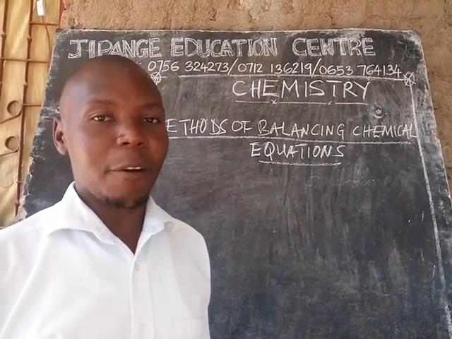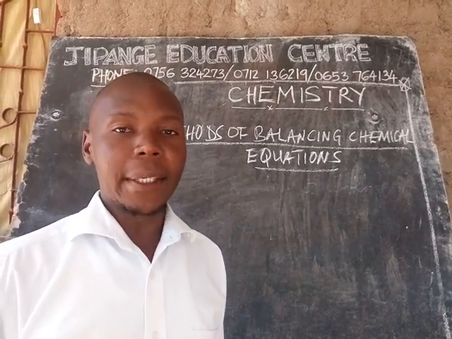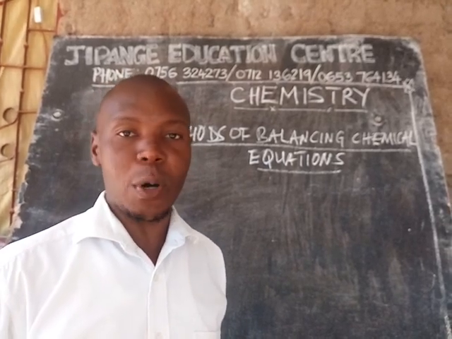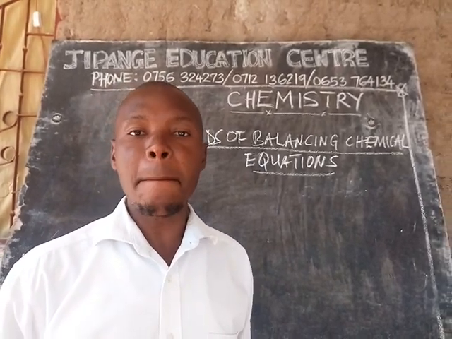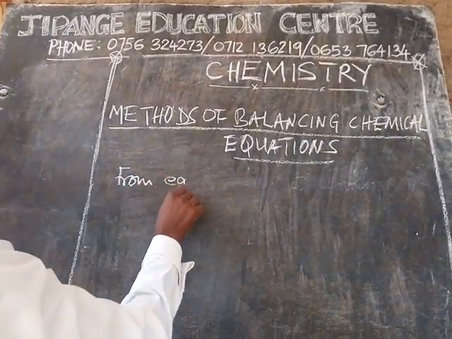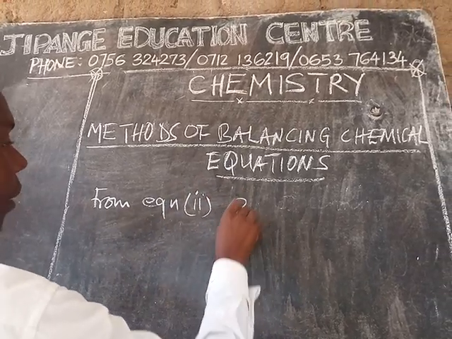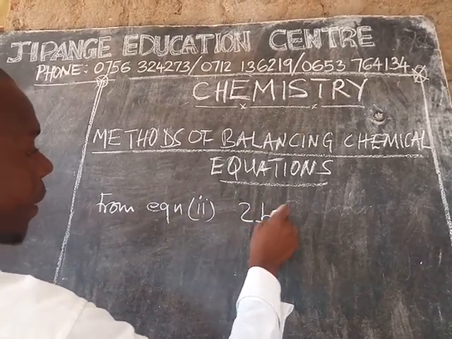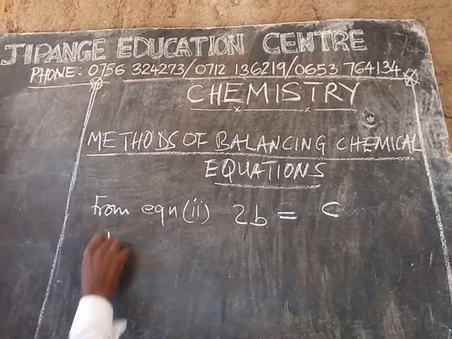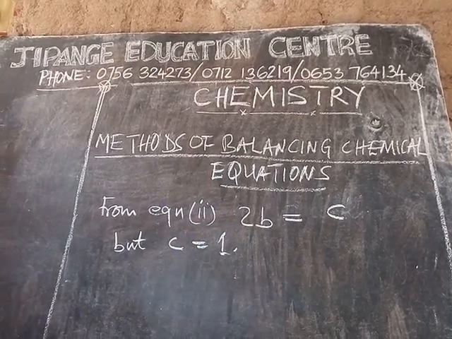Then after getting the value of C, we use it to find the value of B. So we substitute the value of C in equation 2 so as to find the value of B. From equation 2, which is 2B is equal to C, but C is equal to 1.